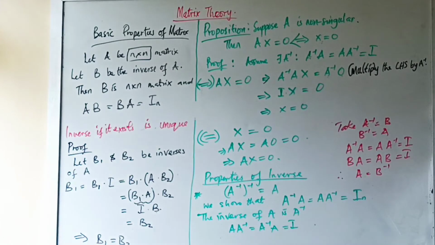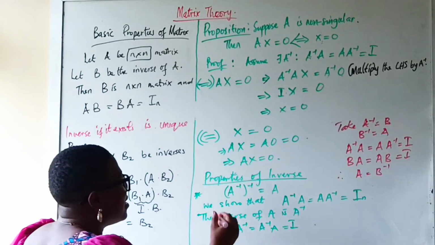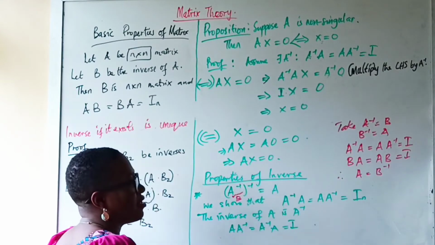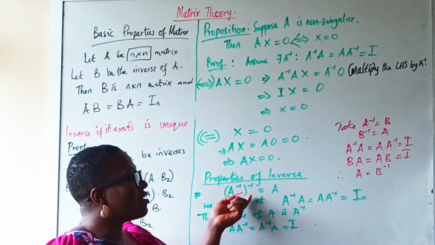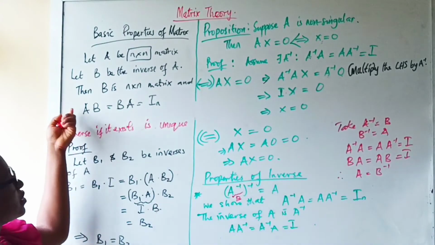See, we took this to be B. We want to show that B inverse is equal to A. It is enough to show this, is it not?